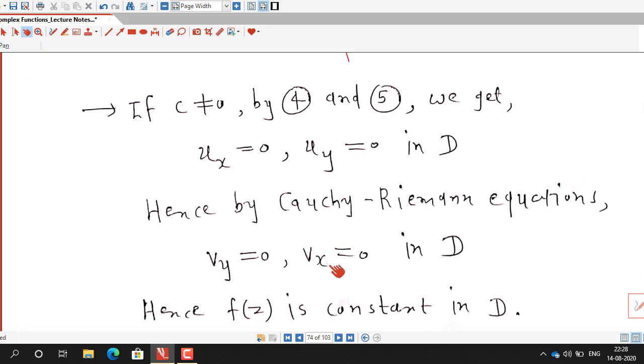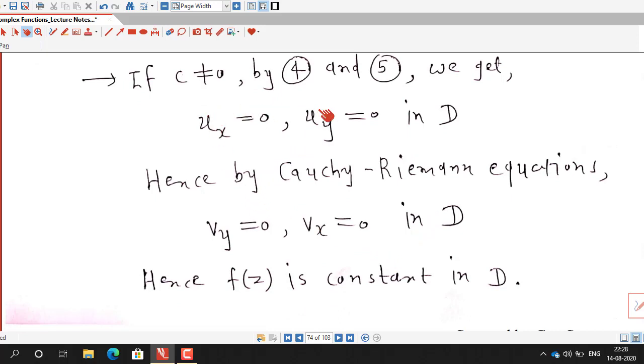So this is 0, therefore vx is also 0. All the first order partial derivatives of u and v are 0 at every point in domain D. That implies that f of z equal to u plus iv is constant in domain D.